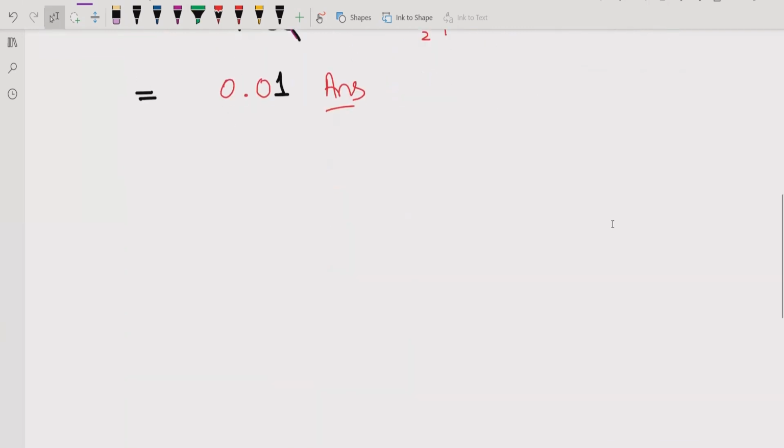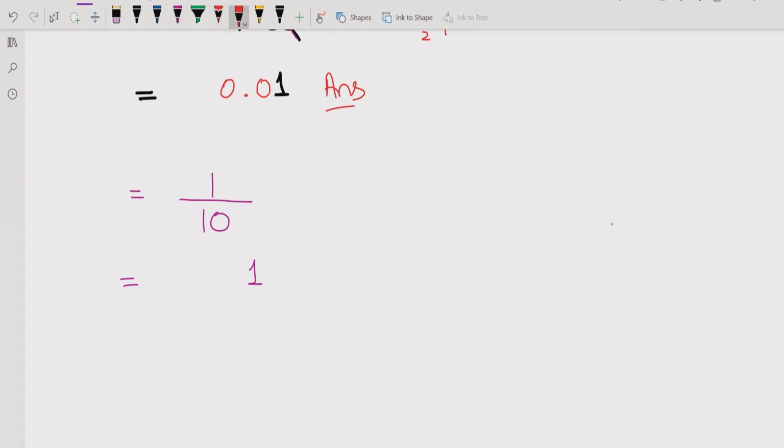We can solve another example. If you have 1 upon 10, how can you find the value without a calculator? You have to write 1, because it's very necessary to write the 1, and after that you find the number of zeros in the denominator.